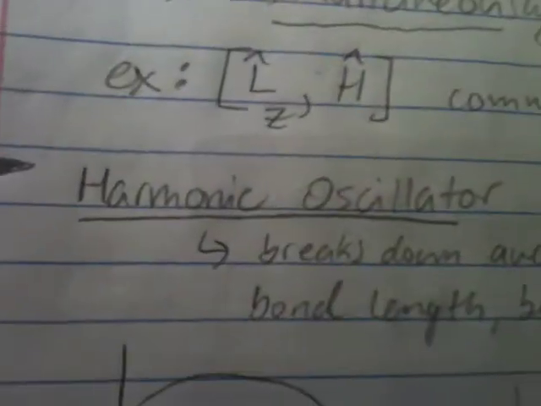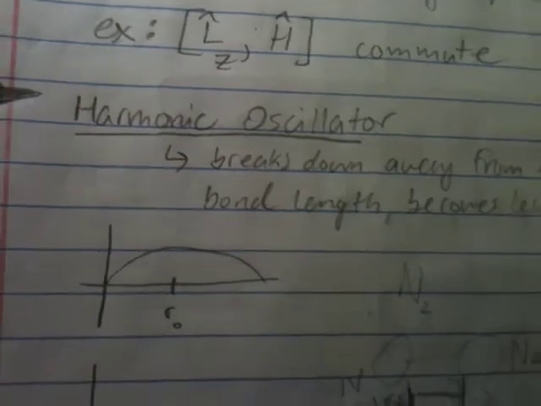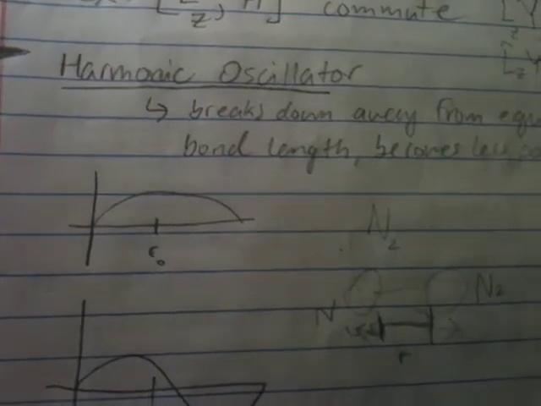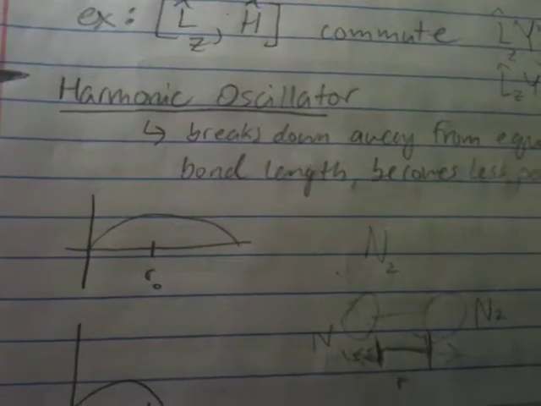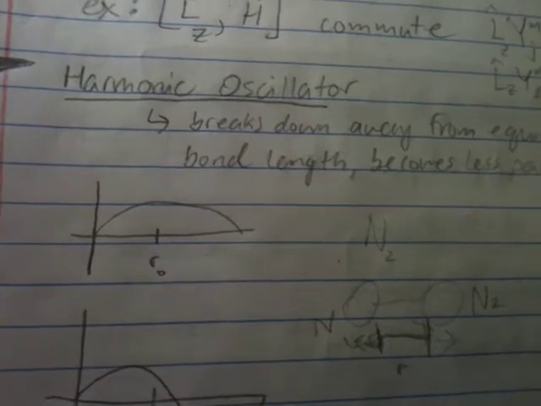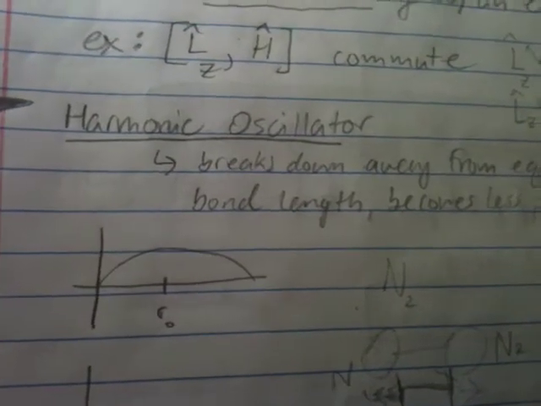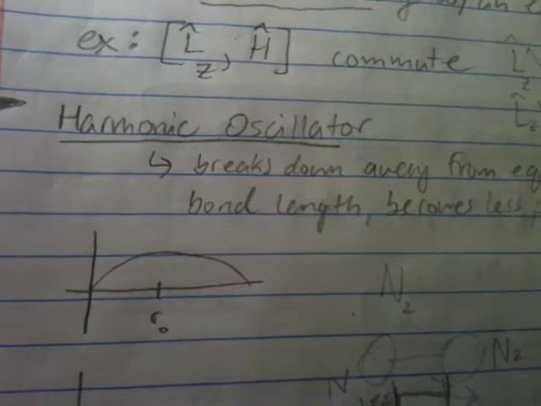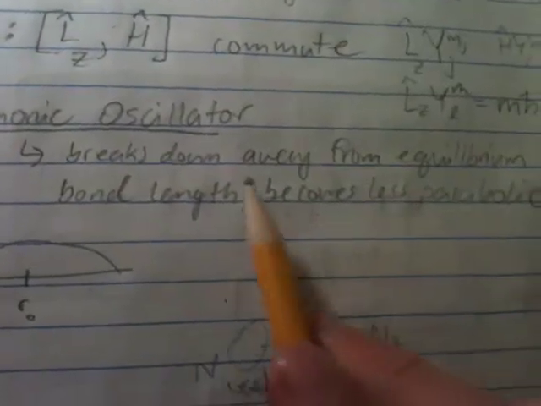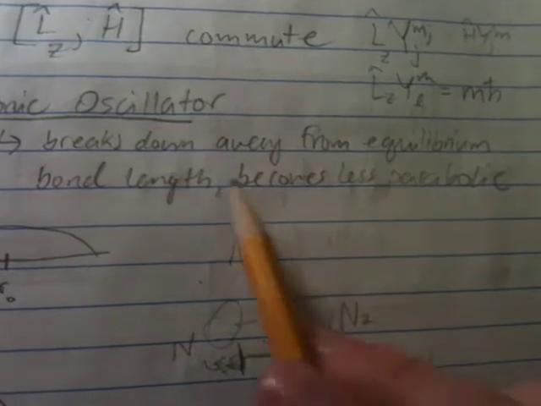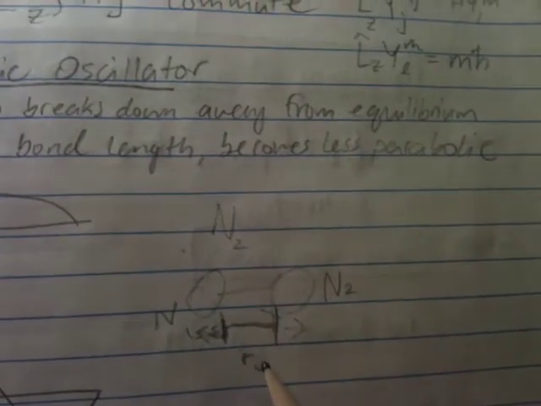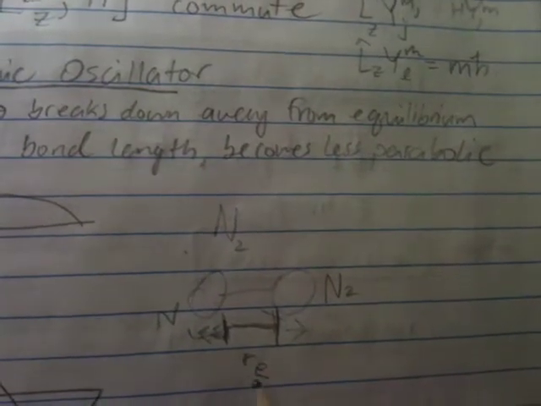The harmonic oscillator will describe this state. We'll get into the nitty-gritty of it in a bit, but let's first see where it breaks down. The harmonic oscillator approximation no longer works when it's far away from this equilibrium distance, called r sub e.